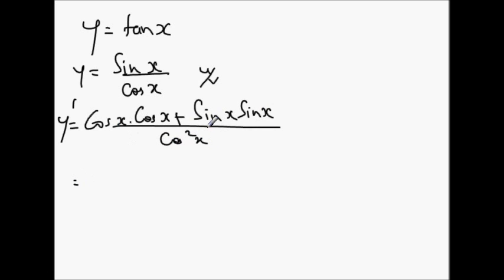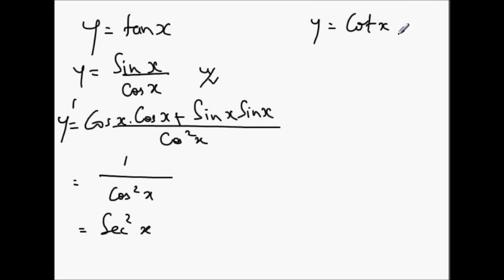So this is cos squared x plus sin squared x, which is 1, over cos squared x, which is secant squared x. Therefore the derivative of tan x is secant squared x. The same applies for cot x, where you have to take cot x as cos x over sin x. You can try this out and see what you get here.